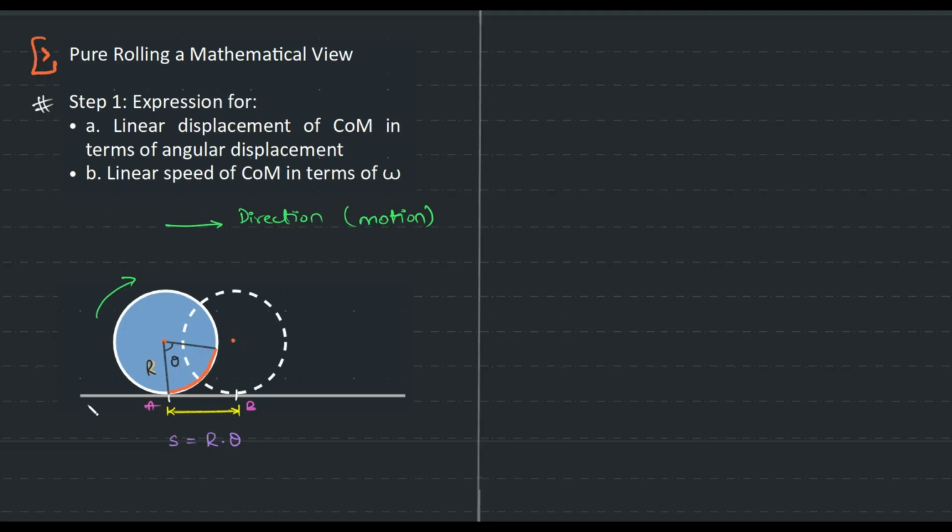Okay. So basically, consider a pure rolling motion of a cylinder, or whatever you guys want to call it, of radius r.